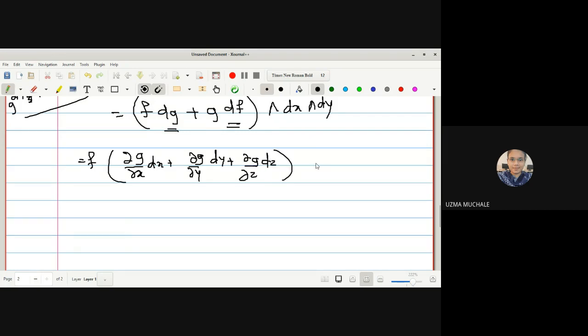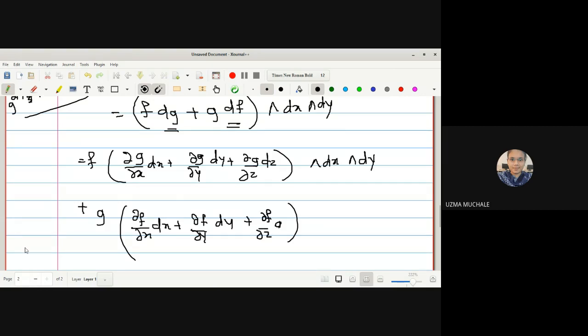Okay, and this wedge product I will write here, wedge product with dx, wedge dy. Plus, what is the next term? g as it is, right? We have to find out the derivative of f, that is derivative of f with respect to x dx plus f with respect to y dy plus f with respect to z dz. Wedge product with dx, wedge product with dy.